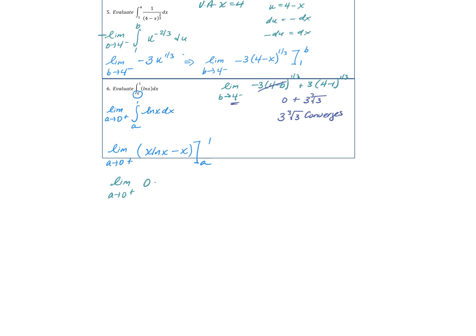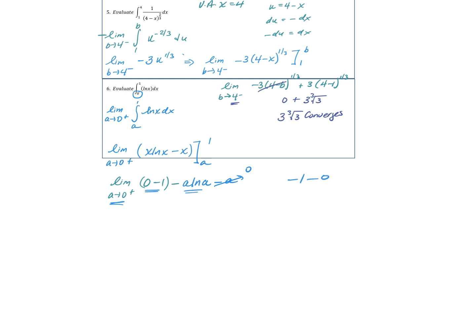So 0 minus 1, minus, we get a ln of a minus a. And this becomes 0 when I plug in. This is -1, so I've got -1 minus 0.